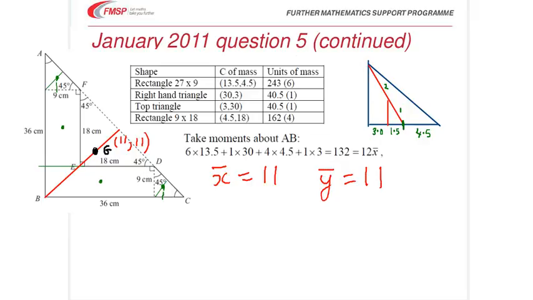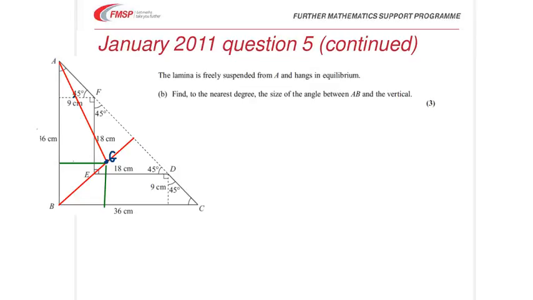Now for the second part of the question, they want to find the angle that the thing will hang at, which is a very common question as I'm sure you realise. If it's suspended from A up here, they want the angle between the vertical and the side AB. Well, the vertical will be the line from A through the centre of mass, which is AG here.